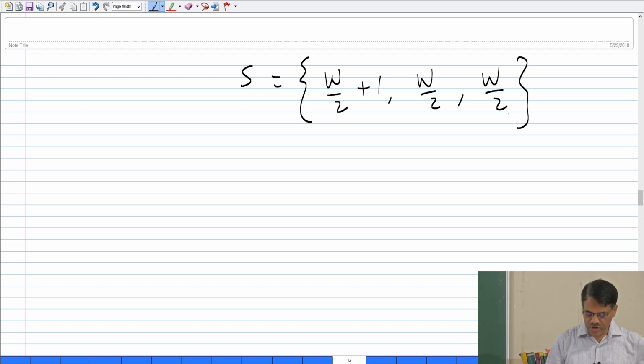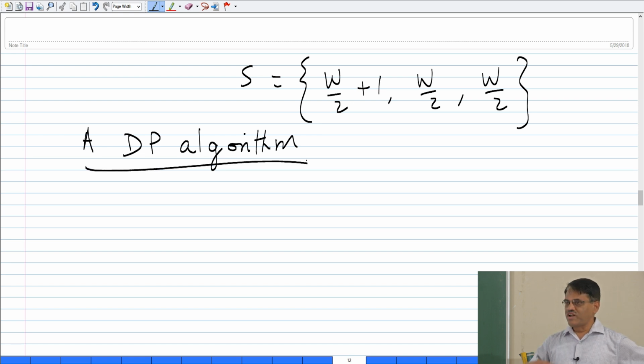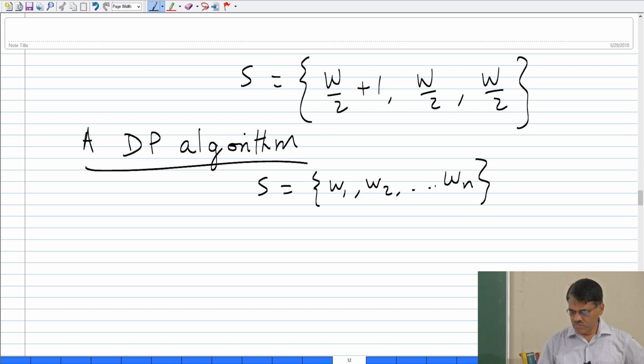This is also a good drill on an example on dynamic programming, which is an important algorithmic paradigm. So my S has n elements and my target is W.